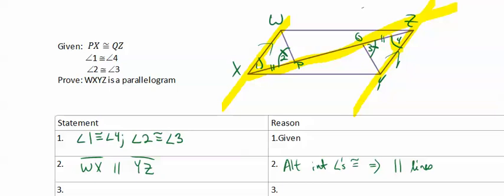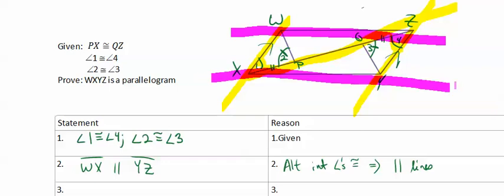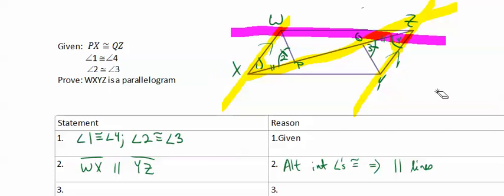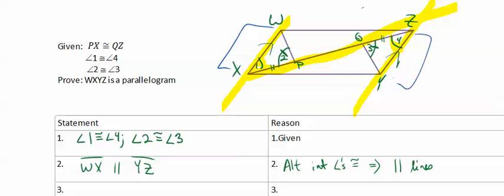We can try to prove that the opposite sides are parallel, or we can try to say that that same side that we just proved parallel is also congruent, and that will prove that the quadrilateral is a parallelogram. The easiest way to go about this, I think, will be to prove that the sides are congruent.